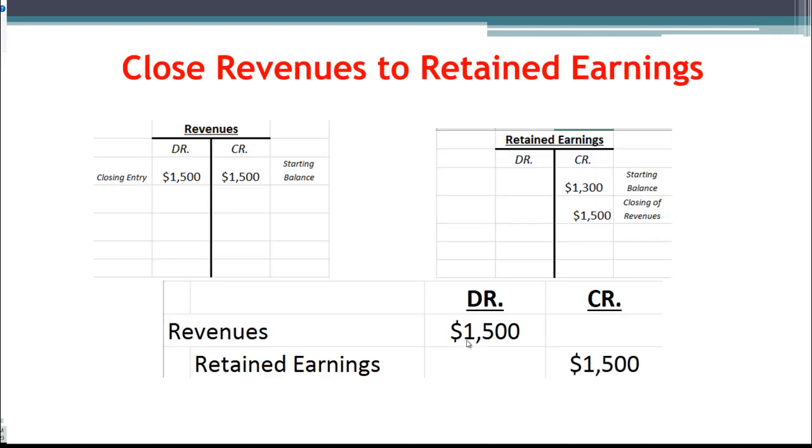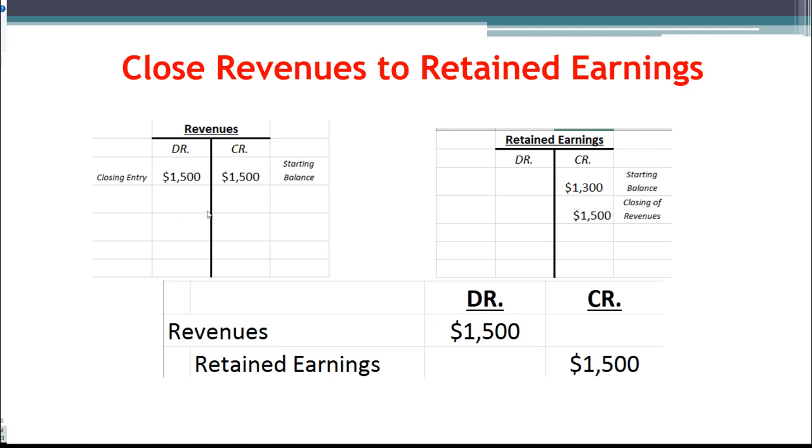Now, when we talk about closing an account, we're basically referring to zeroing the balance out. So revenues, by their nature, start with a normal credit balance. That's our starting point. So the journal entry to zero out revenues must involve a debit to revenues for the exact same amount. So we're going to debit revenues.